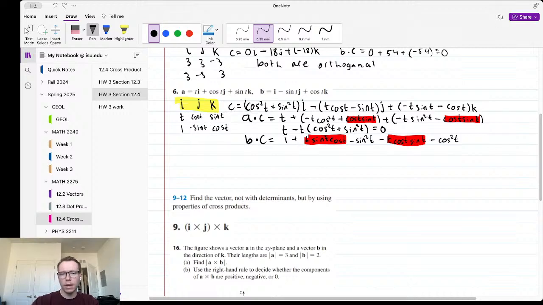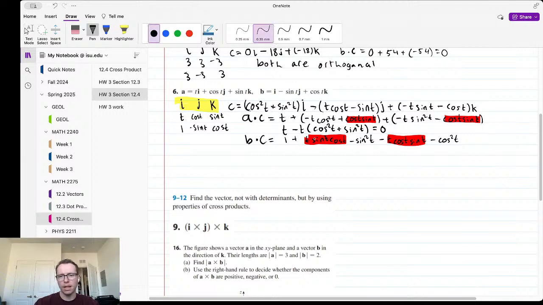So we get cosine squared t plus, and then it'd be minus, but because this is a negative, that's a double negative, so it becomes positive. So it's cosine squared t plus sine squared t, which I think we all know is 1. Well, yeah, because of trig identities and all that. So that means for C, it's technically i minus and then j and k, whatever the j and k have. But you can see that I've done all that here.